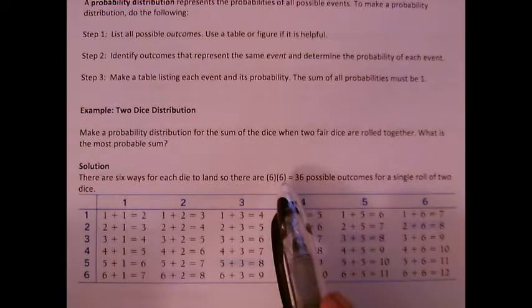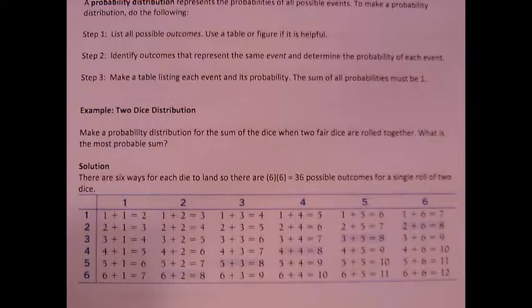So, there are going to be 6 times 6, or 36 possible outcomes for a single roll of the 2 dice. Because one die has 6 possible ways, the second one has 6 possible ways. So, multiply those two, and you'll get 36 possible outcomes. And here is the list of all the possible sums, from 2 all the way to 12. That's the listing right there.